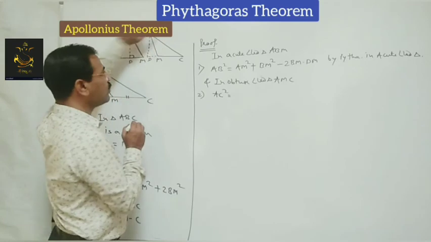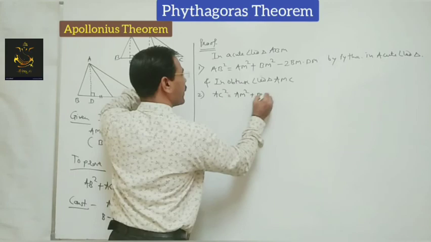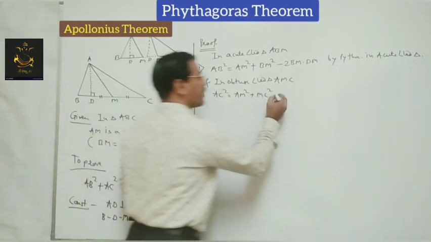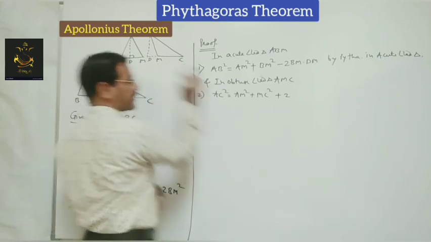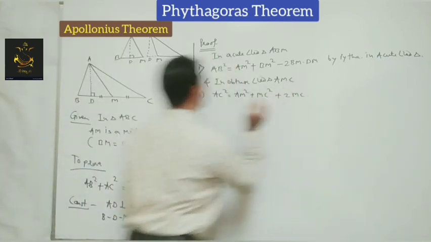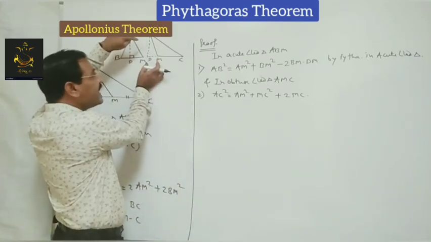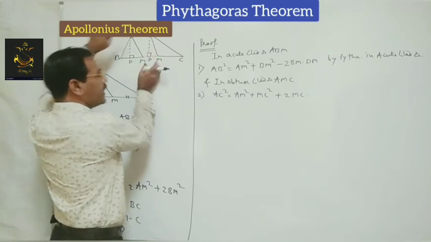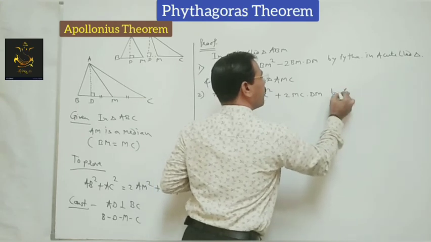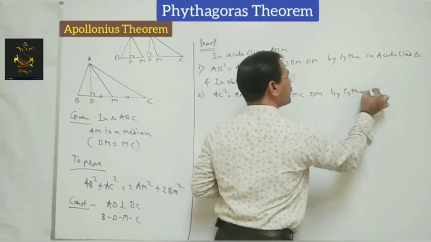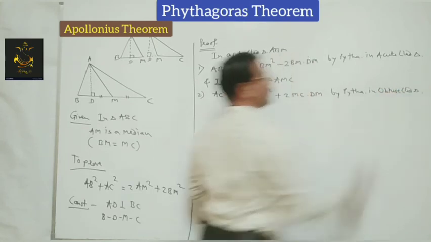AC square is equal to the remaining two sides AM square plus MC square. But in obtuse angle triangle we write plus twice of the base, which is MC only, into, because we take here AC, the far away part which is DM. It is perpendicular, so DM only. MC into DM. Here also we write the reason by Pythagoras in obtuse angled triangle.